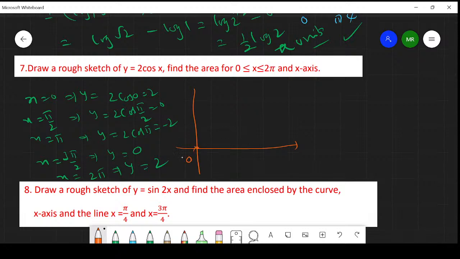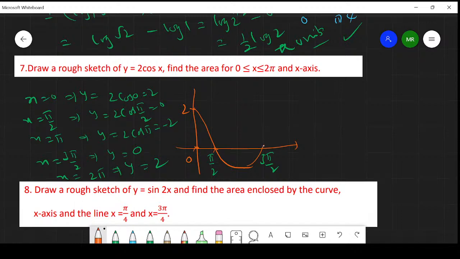We know this is the origin. It approaches the maximum value 2. At pi by 2, 0, the graph will come down like this. Again at 3 pi by 2 it is 0, and at 2 pi it will be 2 only, so the graph goes up like this.